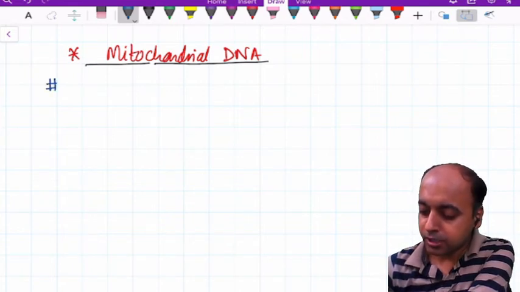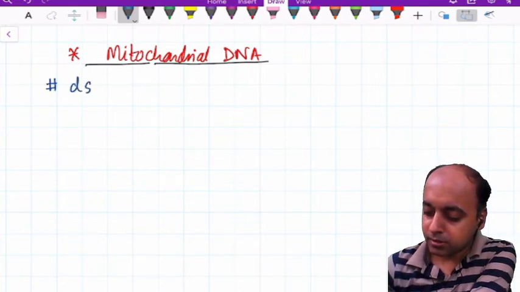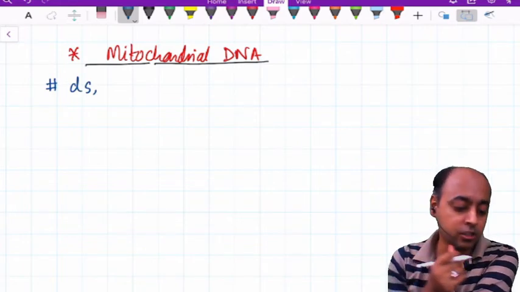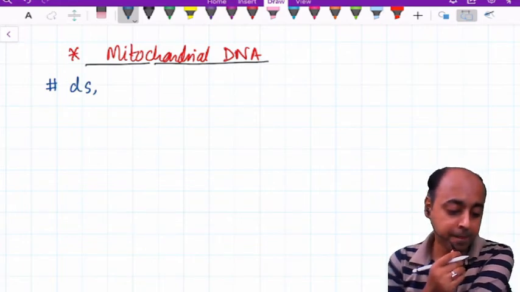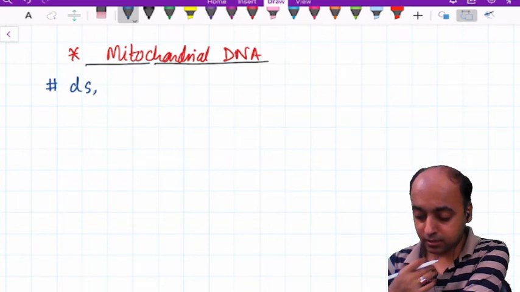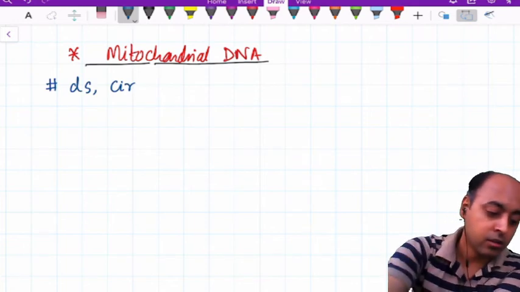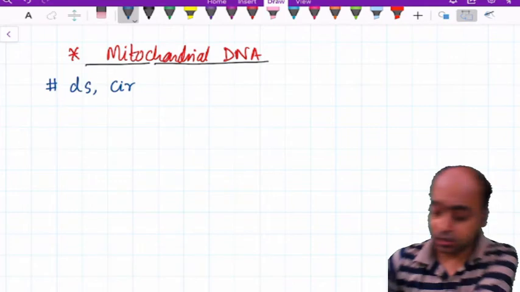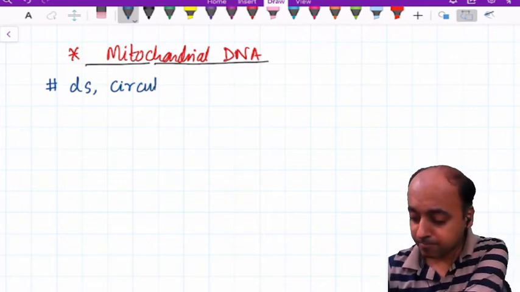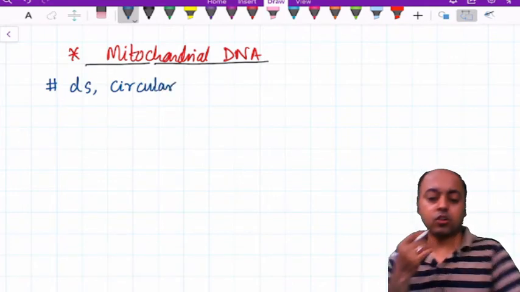The mitochondrial DNA is double stranded, just like the nuclear DNA, but it is not linear.